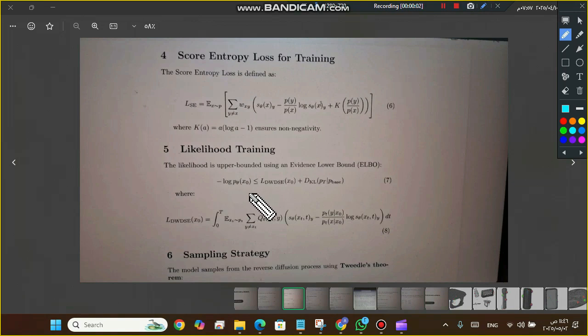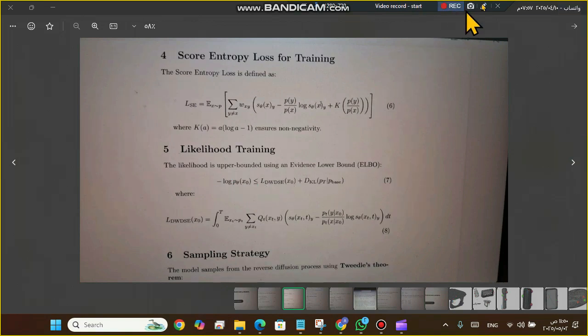What we're doing in our training is trying to minimize this negative log likelihood. When we minimize it, it means that this probability is bigger.